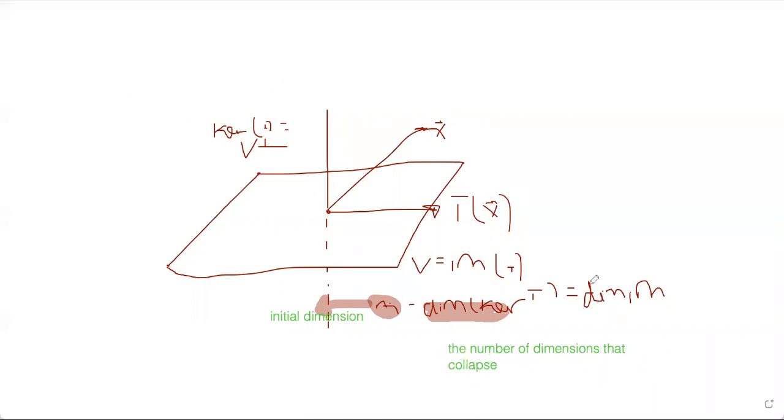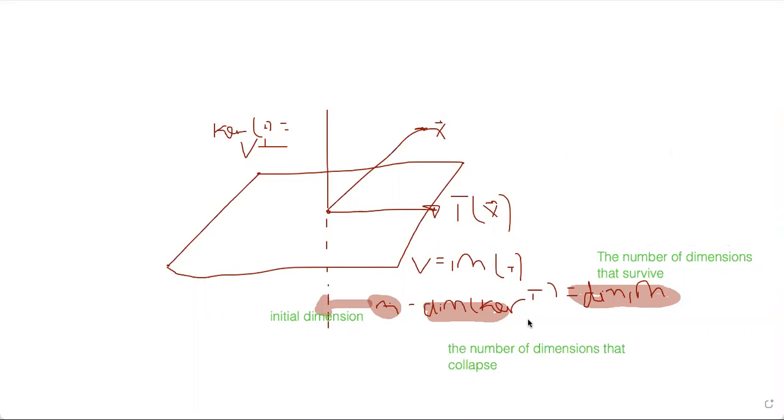And finally, this can be thought of as the number of dimensions that survive, right? So what exactly do I mean by this? Well, you start out with m dimensions, right? But then you subtract the dimension of kernel.